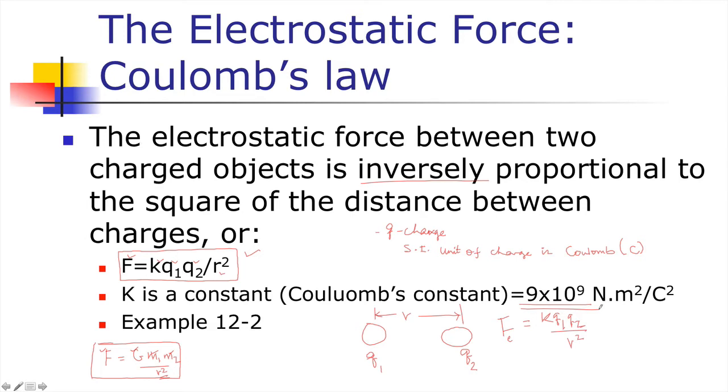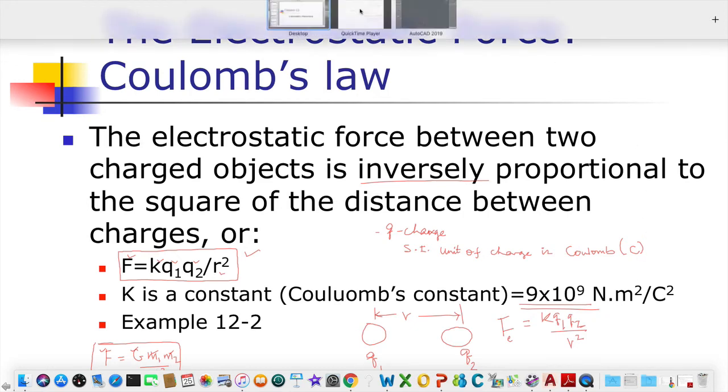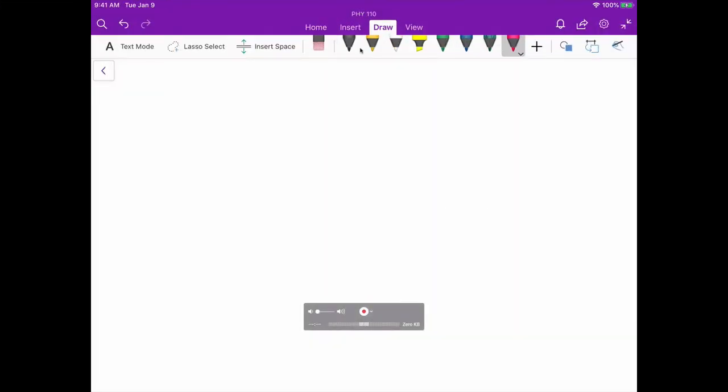I want you to go ahead and look at example 12.2. I'm going to solve it here as well from your textbook. The example reads: two positive charges, one 2 microcoulomb and the other 7 microcoulomb, are separated by a distance of 20 centimeters. What is the magnitude of the electrostatic force that each charge exerts upon the other?